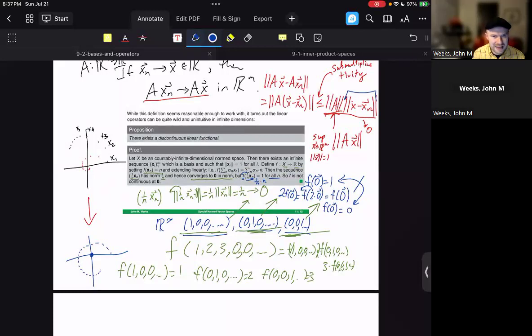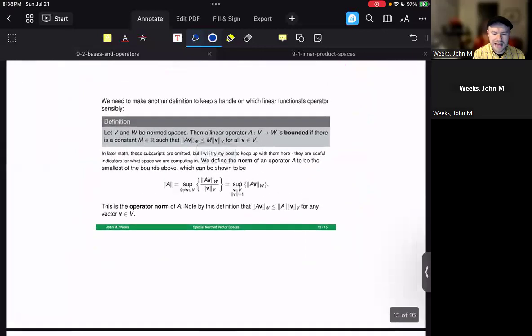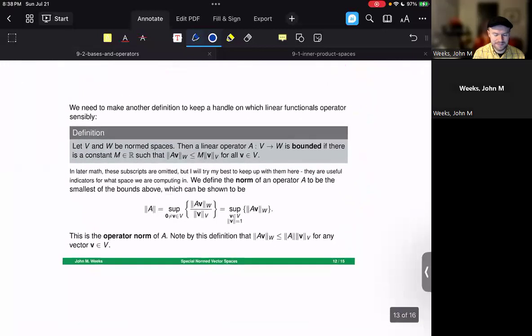You want all of these things to still be true when you're working in a space like the linear operators on a vector space. So that's what we're going to be analyzing a little bit. We'll take some time with this one, and that's essentially what we'll be doing in this last part of 9-2, trying to talk about this notion of continuity in these sorts of spaces.